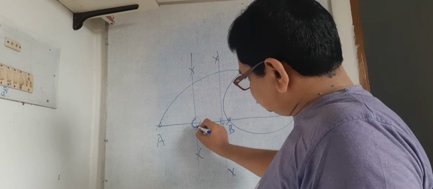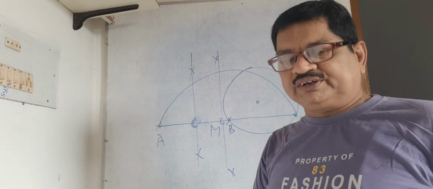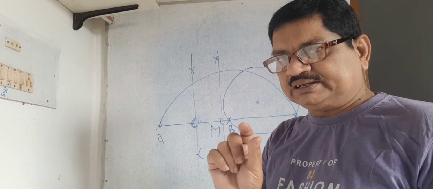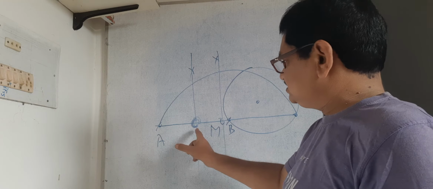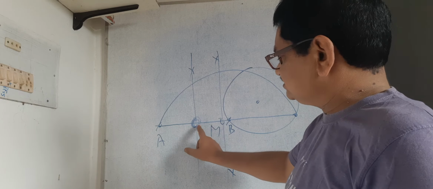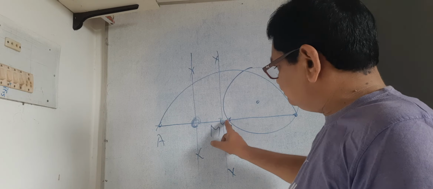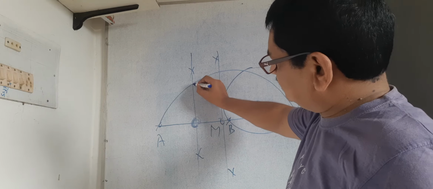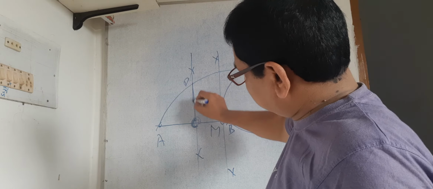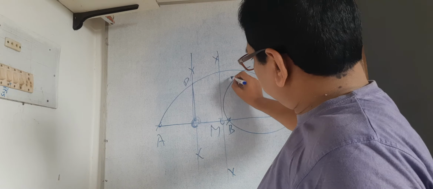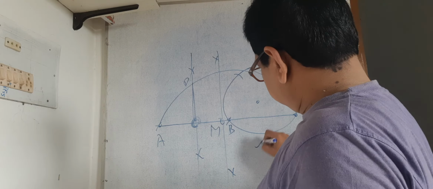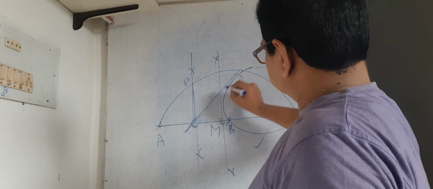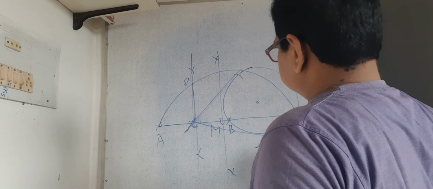So this point is very important. Taking this point as center, once again you just notice that this point is the midpoint of AB. So taking this center and taking this as radius, cut two marks here. In this way it comes, and this is the required tangent.